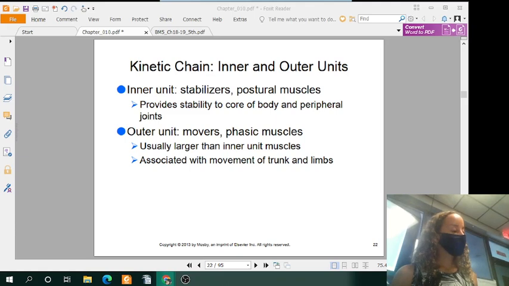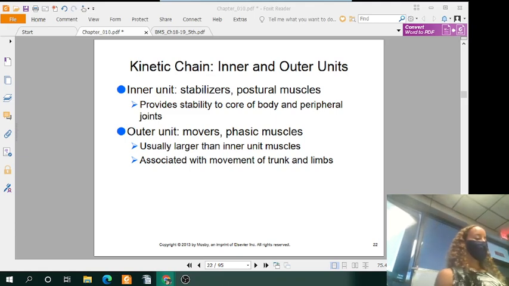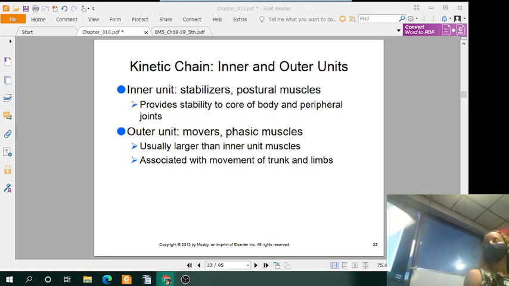They typically provide stability to the core or peripheral joints. And most of them have a proximal attachment near the spine or onto the spine. The outer unit on page 478, these are called our movers.